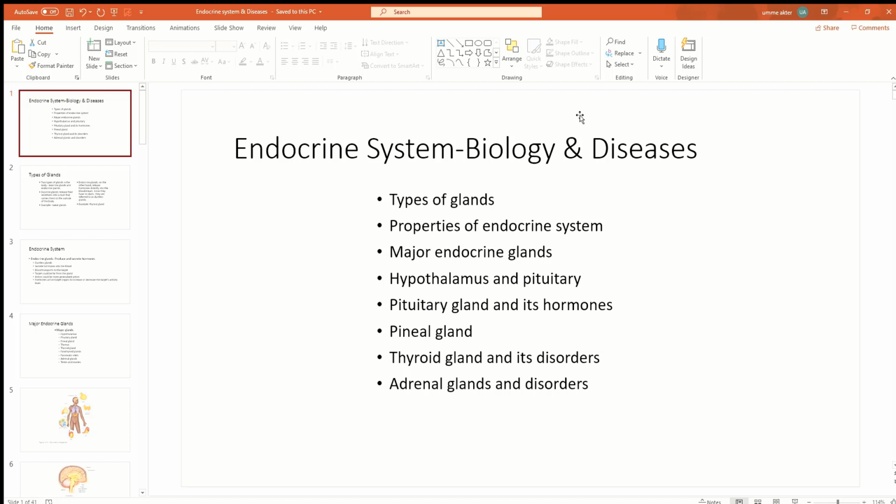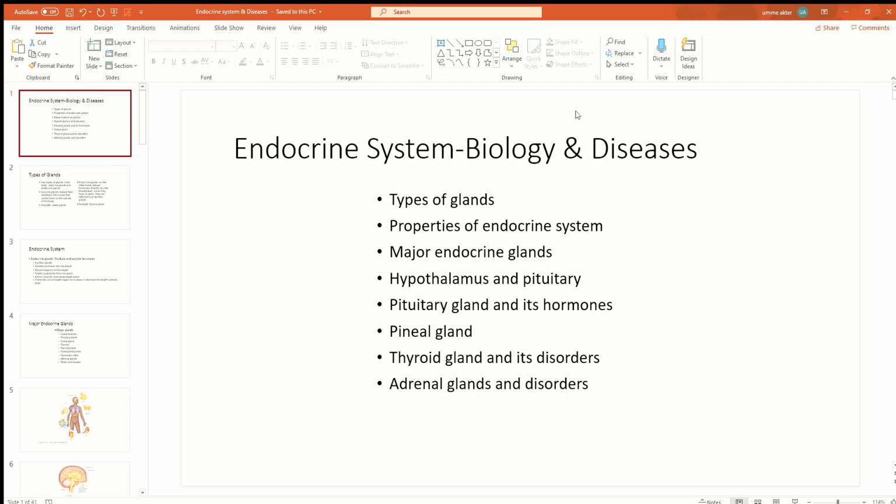Then we'll talk about two important endocrine glands in the brain. One is called the hypothalamus and another is the pituitary gland. Hypothalamus is a part of the brain which is also considered as an endocrine gland. And all of you know about the pituitary gland, which is called the master gland.